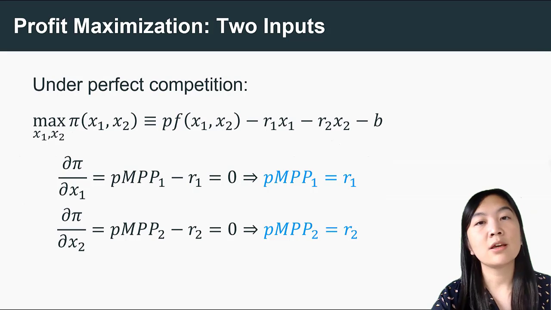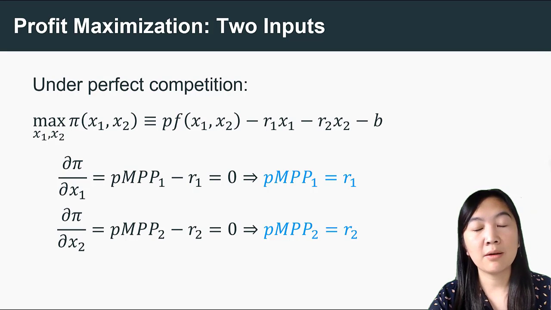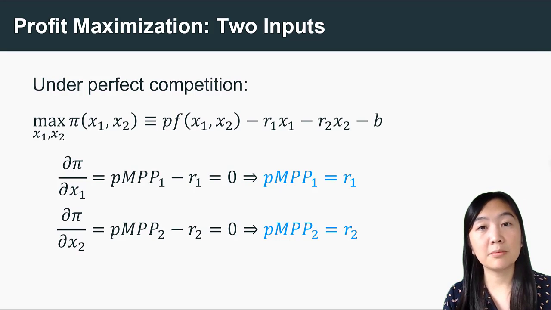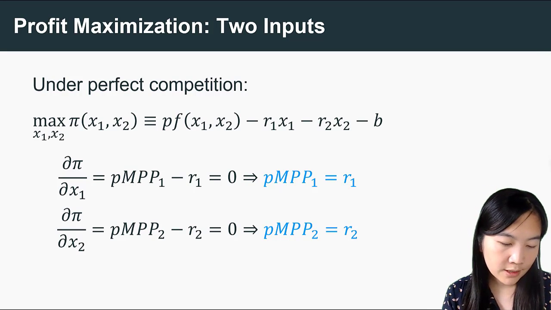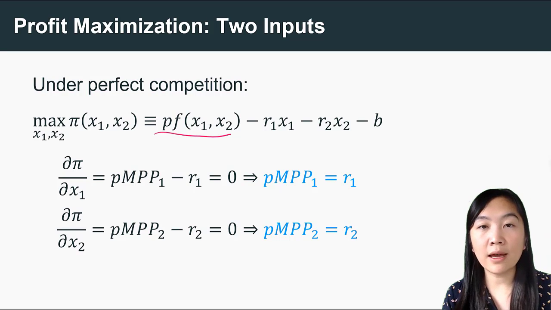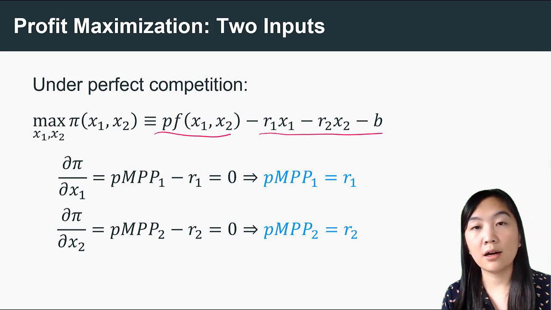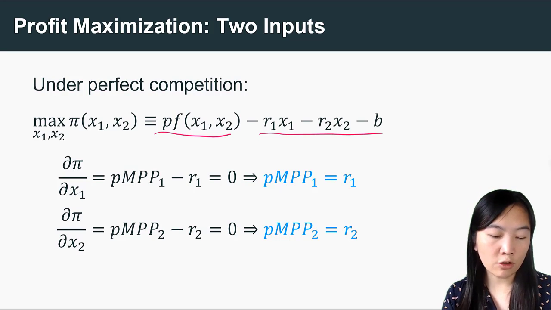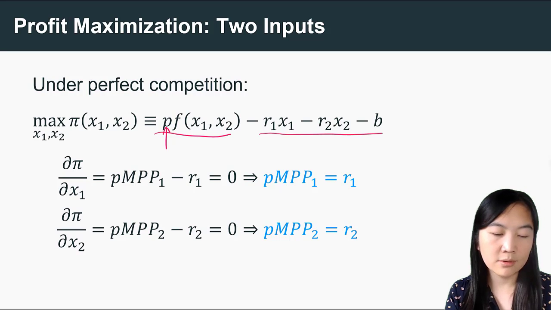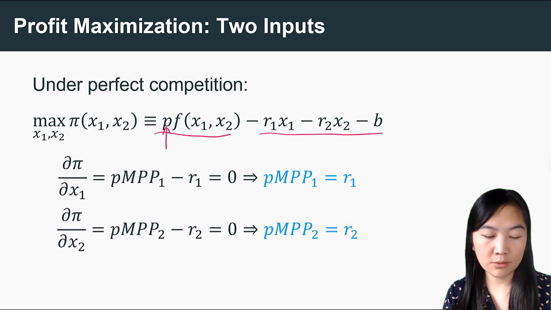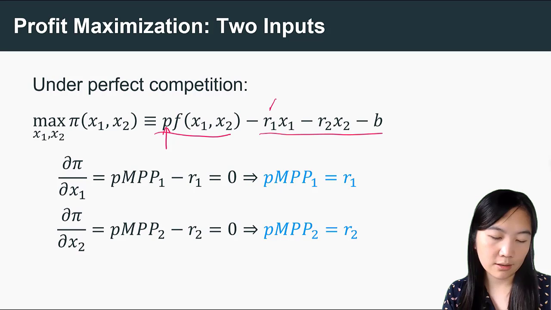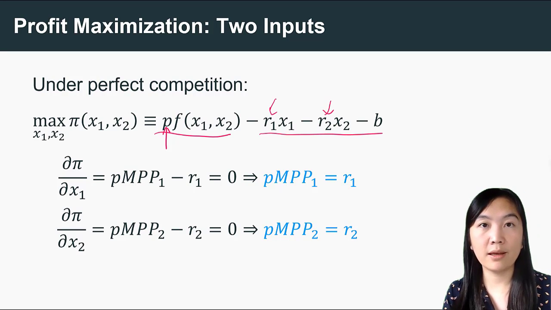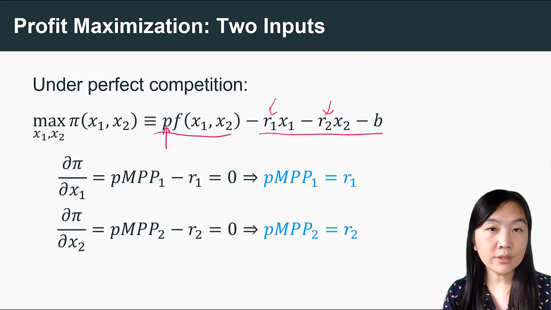And what does the optimality condition look like when we assume there's perfect competition in both the factor and output market? First, the TFC and the TVP can have an actual functional form. Here we are assuming P is a constant, so we can write that out. And those R are also constants. They don't depend on the quantity of the input used.